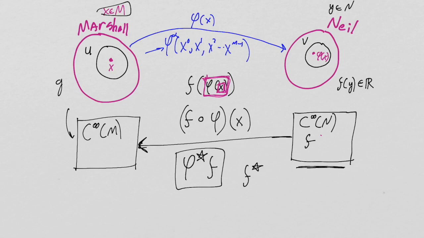At no point in this notation do you have a function whose domain is Marshall and whose range is the real numbers, right? Here, that's exactly what you have. So this is function composition. They're both called function composition, but I prefer the second notation, but I'll probably use both, right?